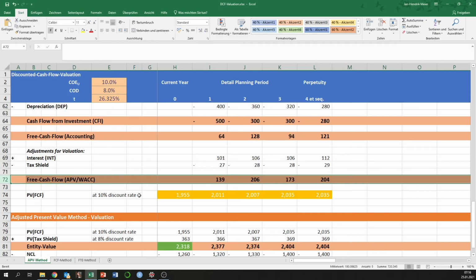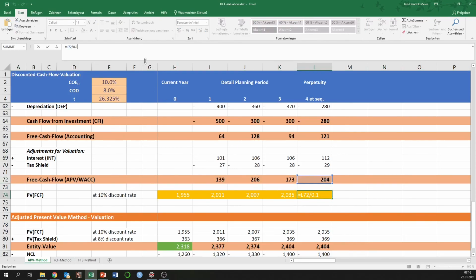And now we can discount this free cash flow again here using the perpetuity formula. I can also use COEU, which is the variable name that I gave this field, COEU. And here, of course, we have the rollback formula, COEU.